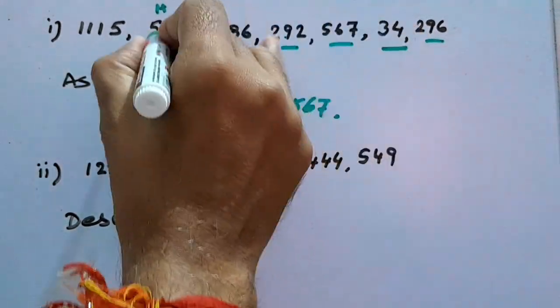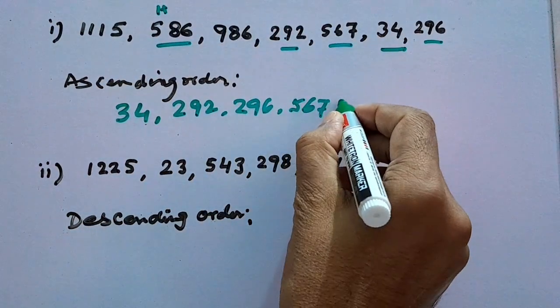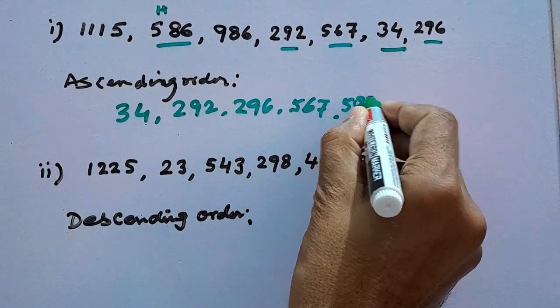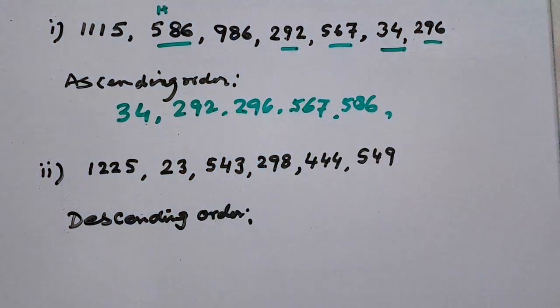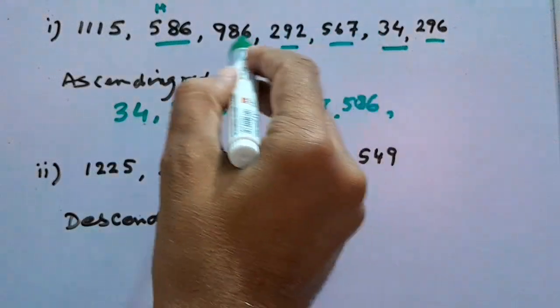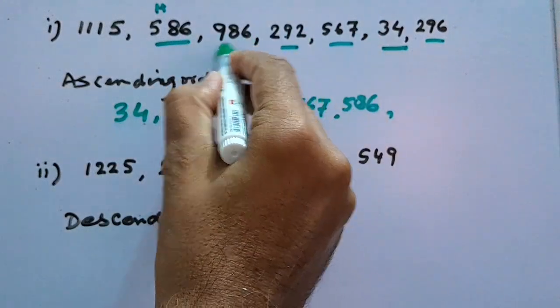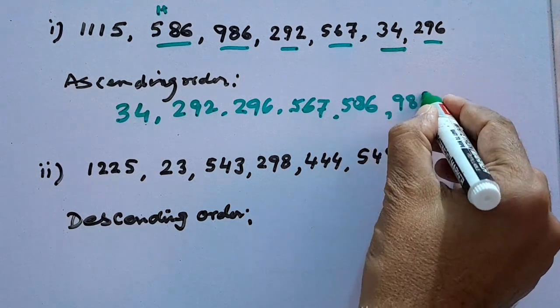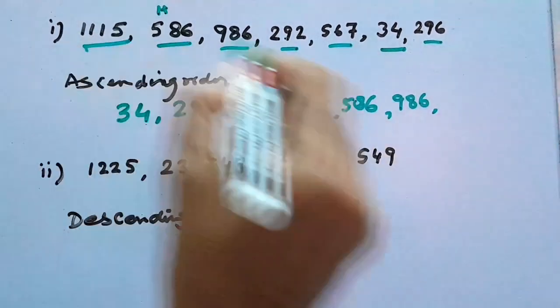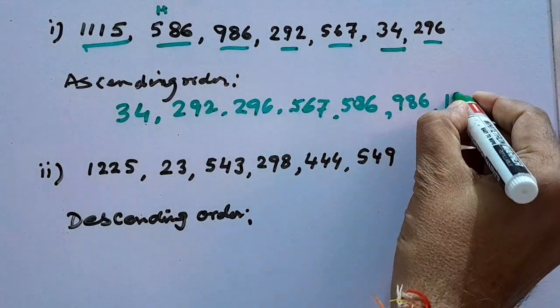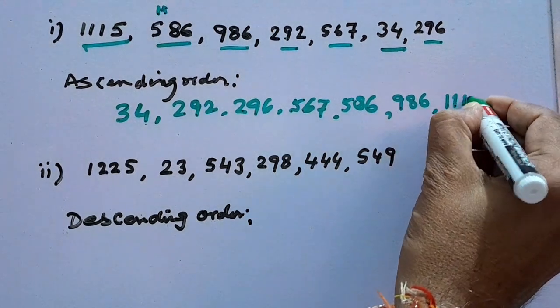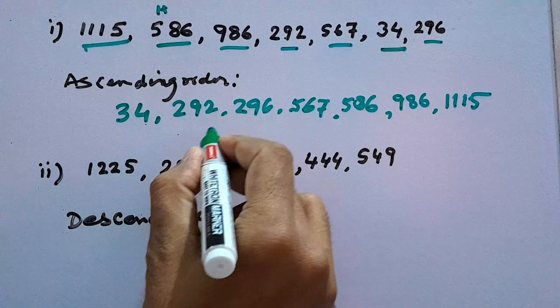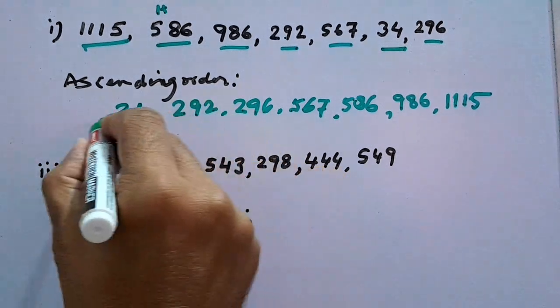Next 586. Next is 986, and lastly 1115. So these numbers are in ascending order.